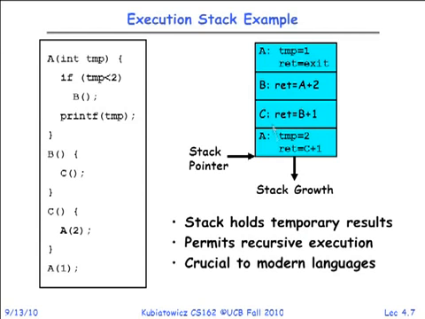Notice also that I'm showing the return explicitly here. We call A of 1, and when we're done, we return by exiting the process. In this first instance, A called B. What happens when B is done?